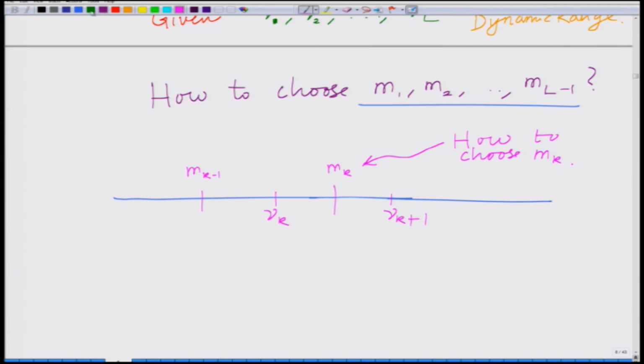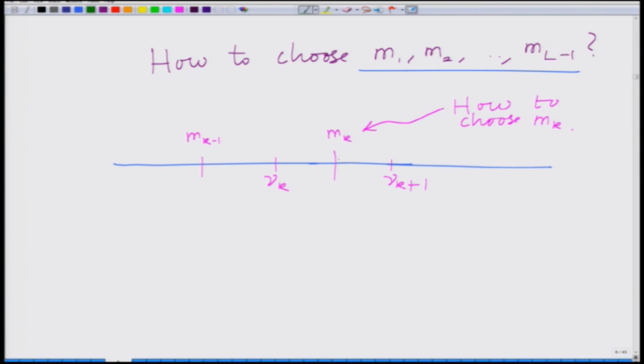And this can be done as follows. Remember, we want to choose M k. M k minus 1 to M k is the quantization interval. So, if x lies to the right of M k, it is quantized to nu k plus 1. If x lies to the left of M k, it is quantized to nu k. Let us note that property.